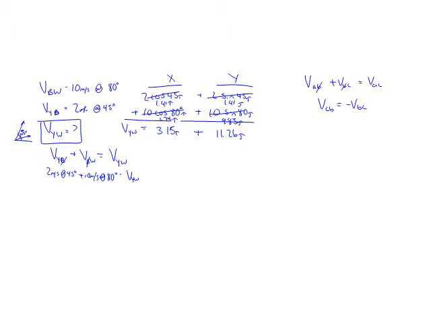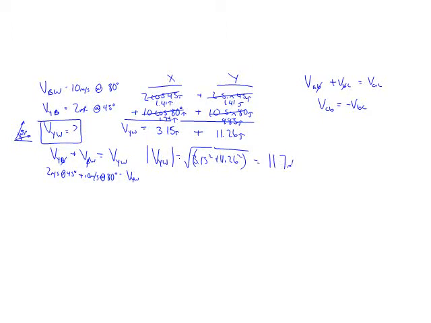So we're going to find the magnitude of this vector, square root of 3.15 squared plus 11.26 squared. Make sure you put parentheses around that so the square root covers the whole thing, not just the front. And we get 11.7.